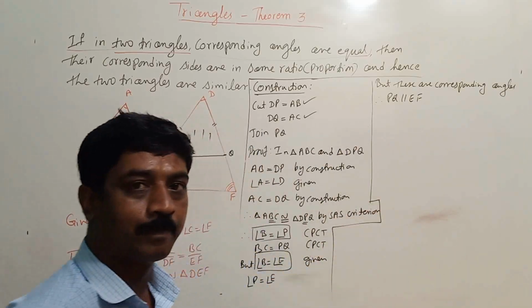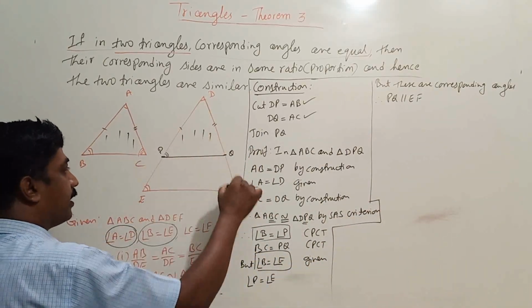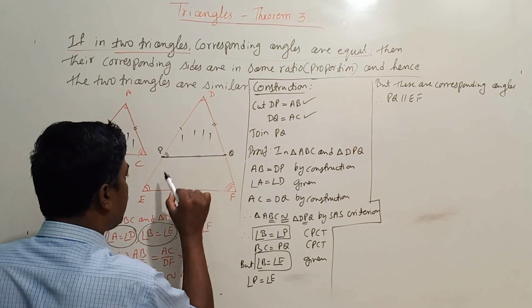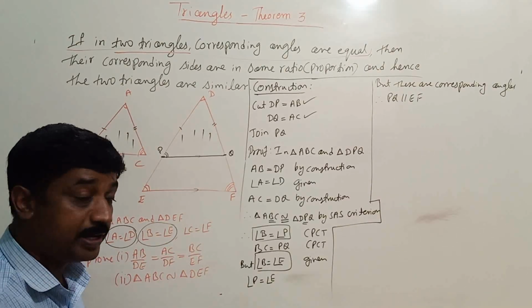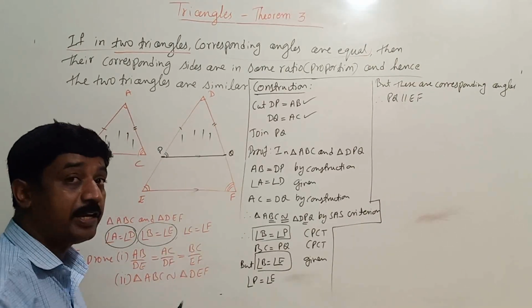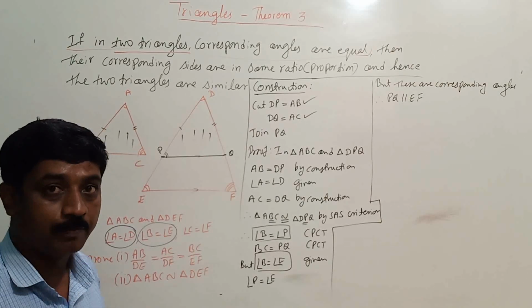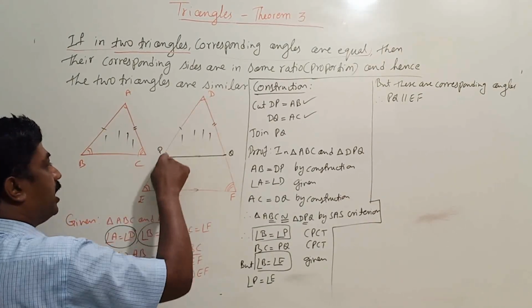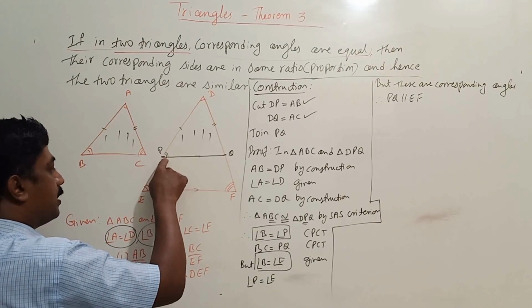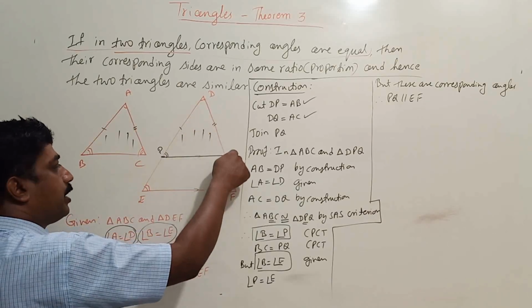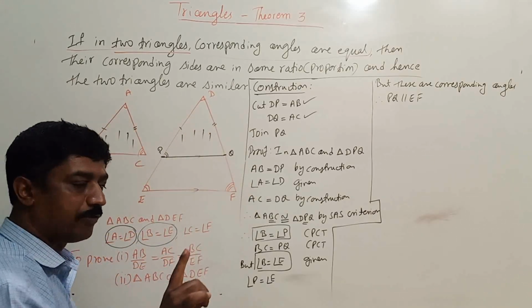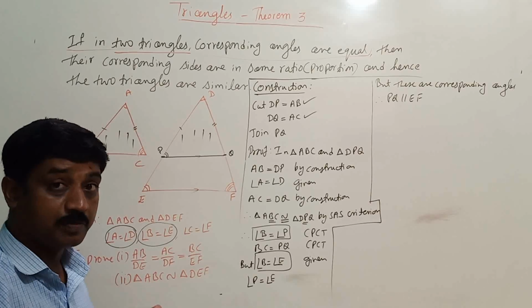There you are. Now if you look at this triangle here, because we proved that PQ is parallel to EF, that means we can apply BPT, basic proportionality theorem. DP by PE is equal to DQ by QF. This is BPT.